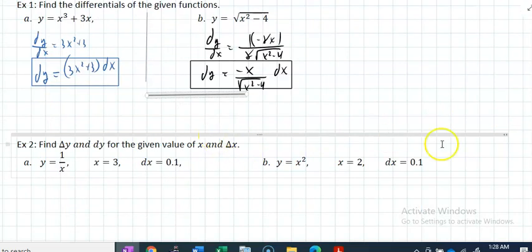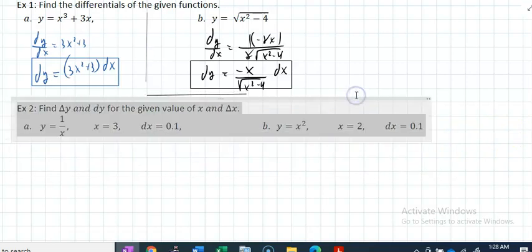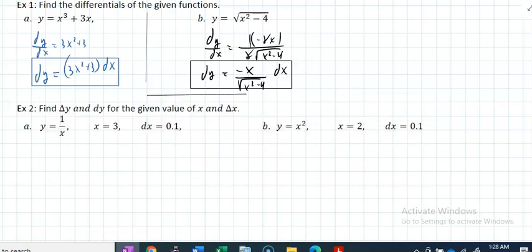Here's my next example. We want to find the exact change versus the approximate change. So if I put 3 in, I get 1 over 3. If I move a delta x, now I'm really looking at 3.1 and 1 over 3.1.